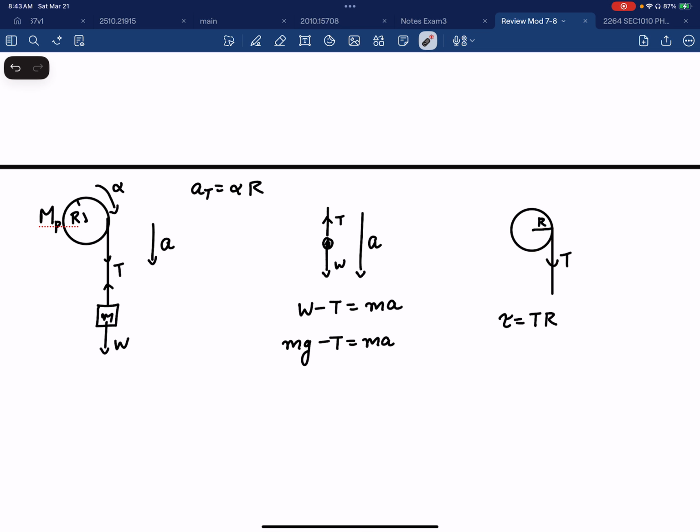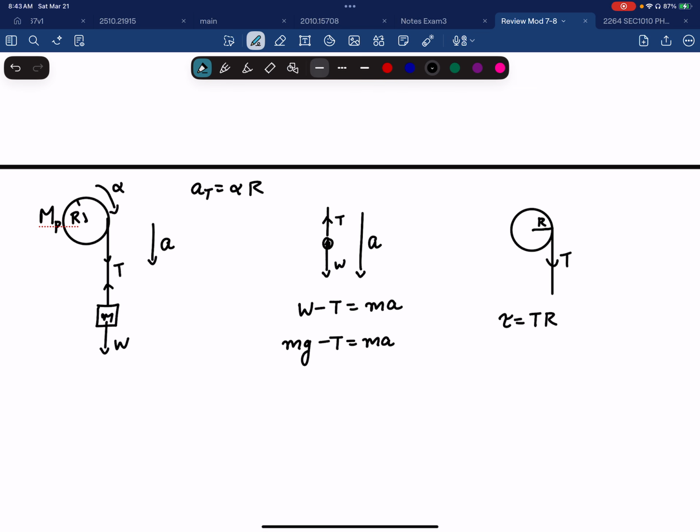Now, what happens due to this torque? Now, we understood the effect, we understood the cause. The effect is this rotates the pulley. Okay. Now, since the moment of inertia of a disk is provided to you, you punch that in.